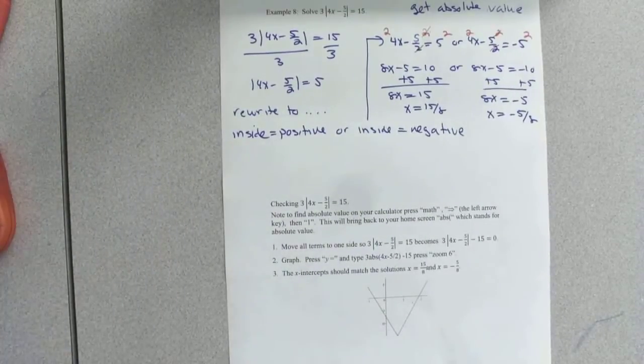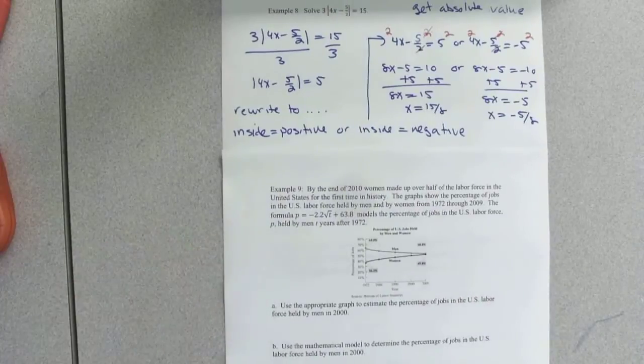Okay, so one more problem in this section, a word problem, and then this section will be done. By 2010, women made up over half of the labor force in the United States for the first time in history. The graph shows the percentage of jobs in the U.S. labor force held by men and by women from 1972 to 2009.